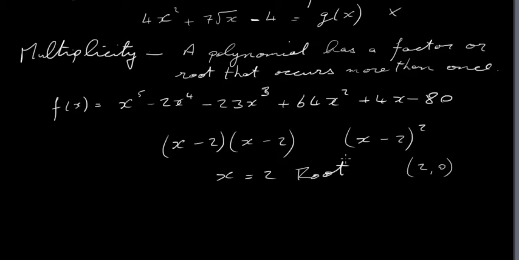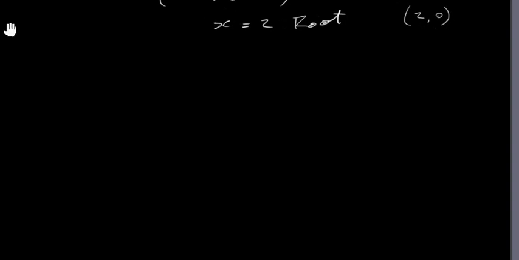Okay, so let's move on a little bit and have a look at what these curves will look like under various conditions. Say we have a particular polynomial, and it has a factor of x minus m, to the power of n. So this factor occurs n times.